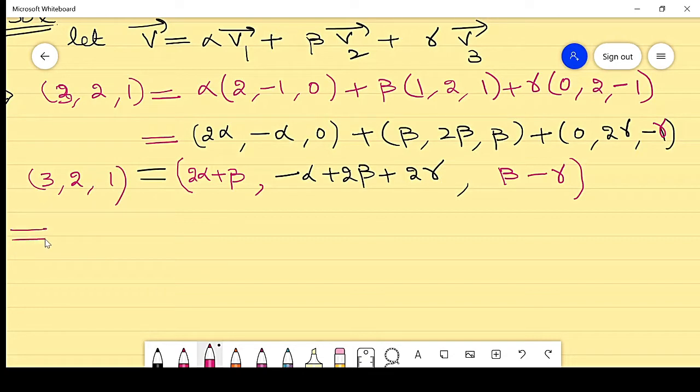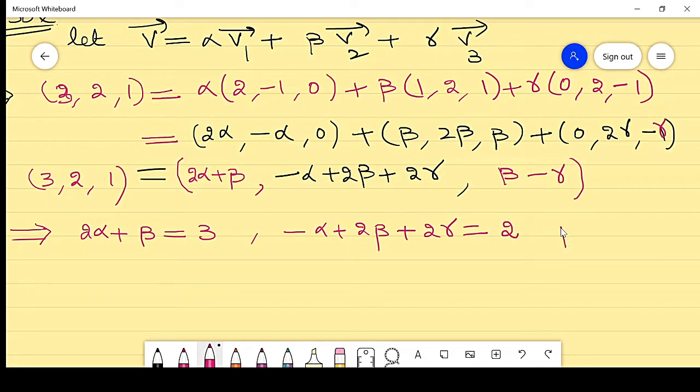Now it implies, if left hand side is equal to right hand side, then corresponding entries of the tuples are equal. So 2 alpha plus beta is equal to 3. Second, minus alpha plus 2 beta plus 2 gamma is equal to 2.